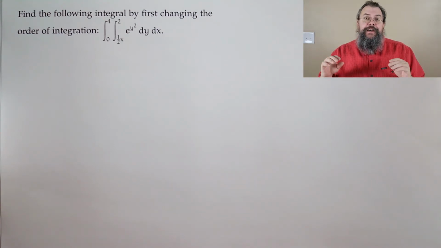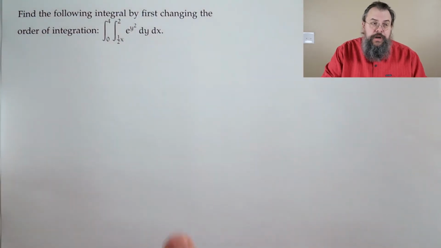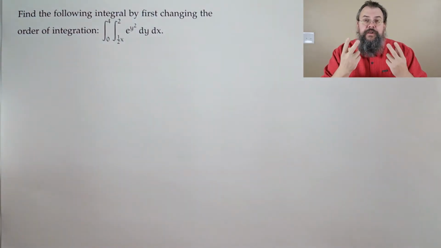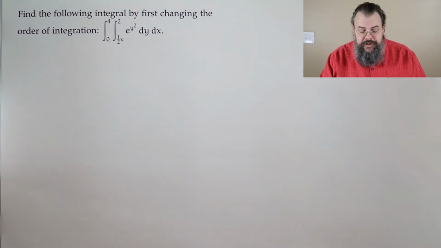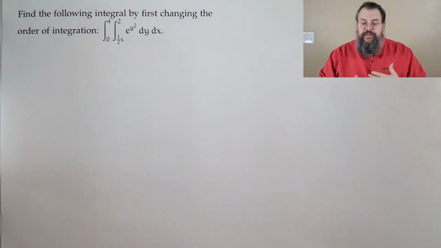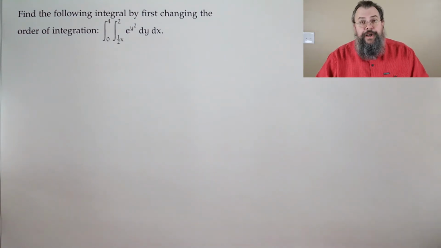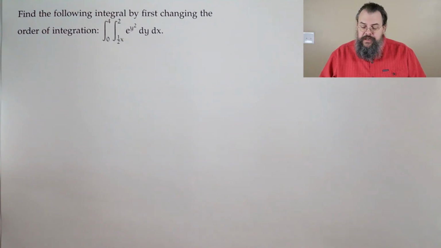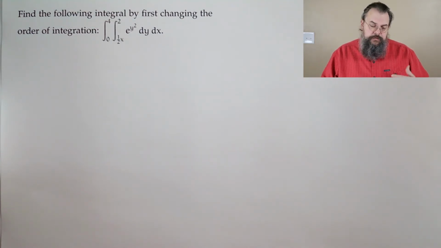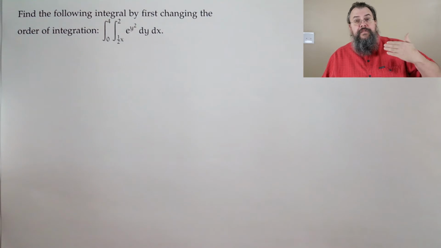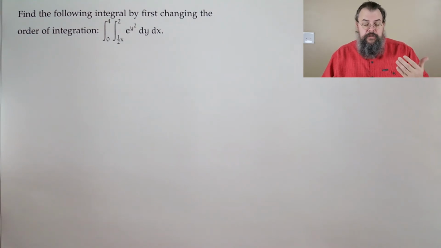So we are having a hard time starting this if we integrate it in the current order, but if we were to switch the order of integration, we can at least make some progress. So that's a signal that there's a reason why we're changing the order of integration. Not just because they ask us to, but because that's a way that we can make some progress.